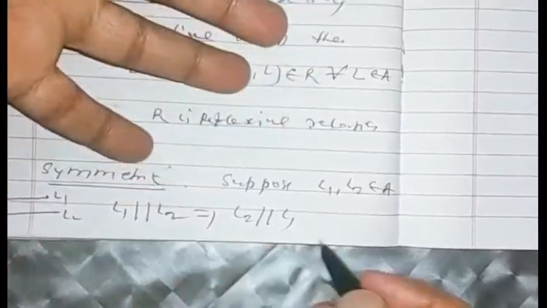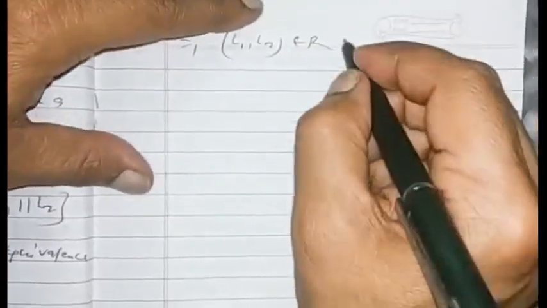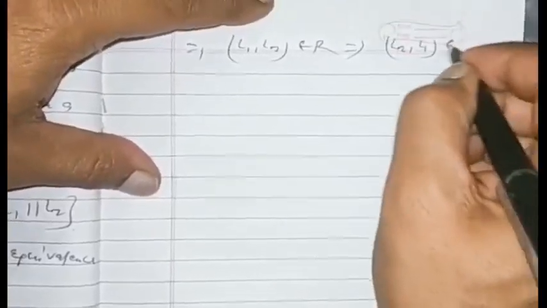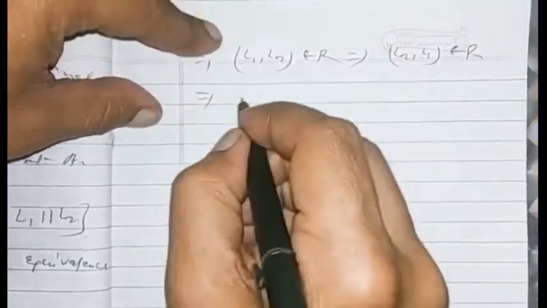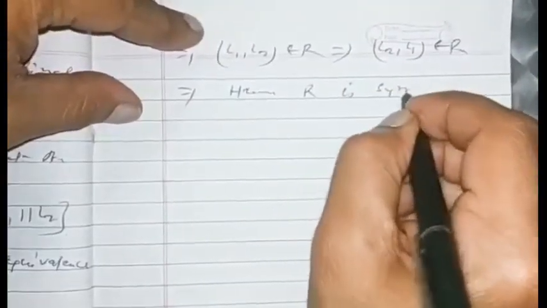This is the condition for symmetricity: a related to b and b related to a. This means (L1, L2) belongs to R implies (L2, L1) also belongs to R. Hence, R is symmetric.